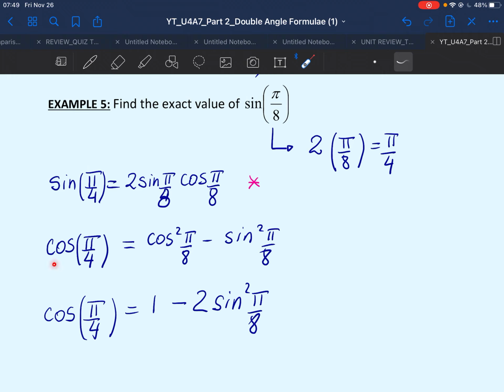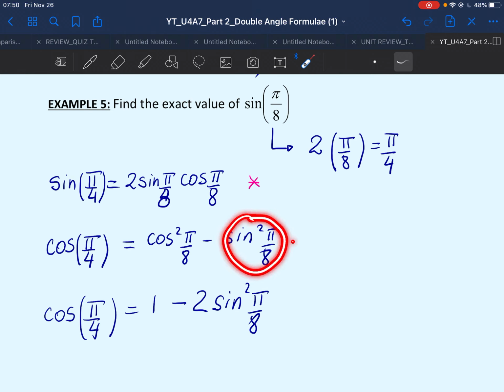Now moving on to the next option, we have cos pi over 4. That's a value I can find exactly because pi over 4 is a special angle, equals cos squared pi over 8, which I don't know what it is, and pi over 8 is not a special angle, and sine squared pi over 8.